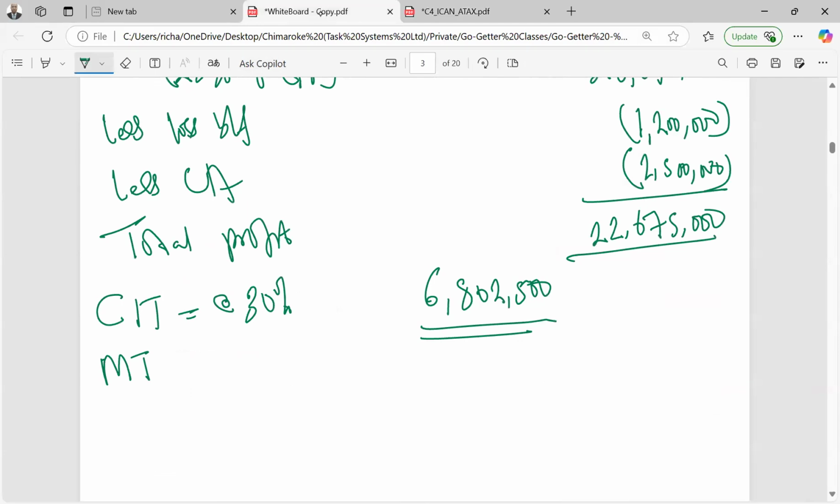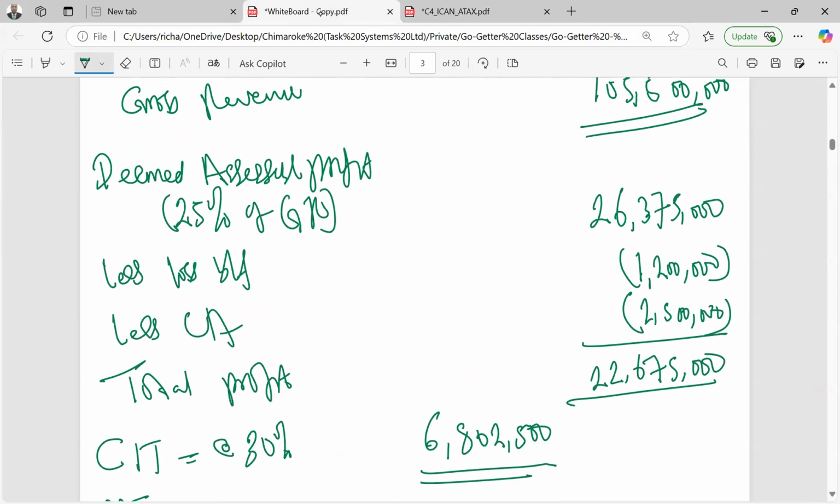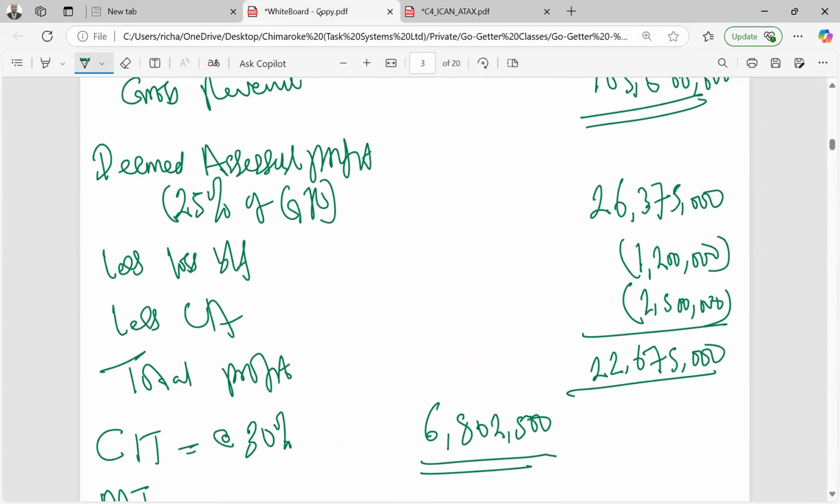Then there's something we have omitted. Our capital allowance is supposed to be restricted to two-thirds of accessible profit. So let's do it: 26,375,000 times 2 divided by 3, that's 17,583,000.